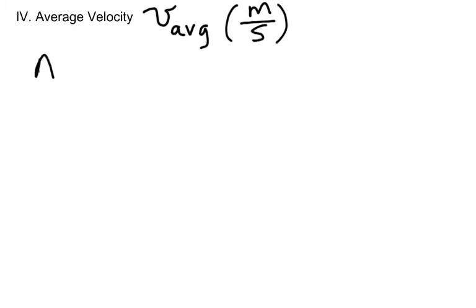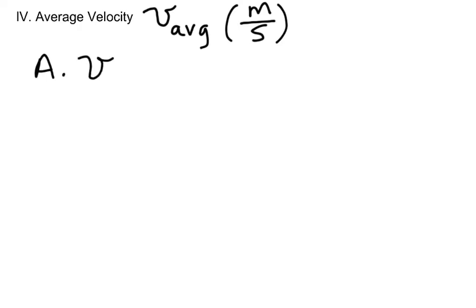Okay, now let's talk about average velocity, or define average velocity. In this class we will be writing average velocity with the cursive lowercase v with the subscript AVG. The SI unit for average velocity is meters per second, and there is a formula for average velocity.